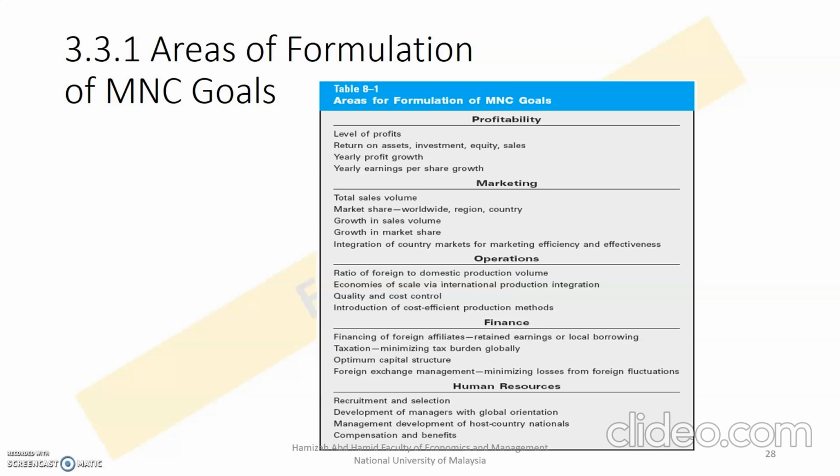In terms of marketing, companies may want to see total sales volume, to increase market share worldwide, in a region, or in a country. They would like to see growth in sales volume and also market share. They will also want to see integration of country markets for marketing efficiency and effectiveness.